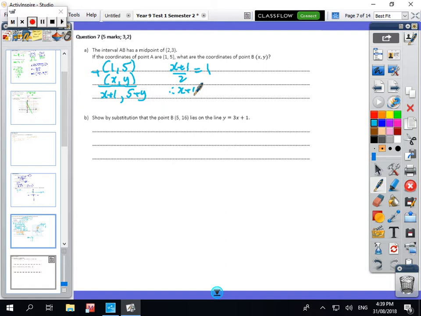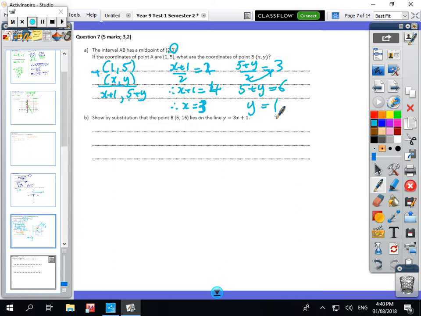Sorry, made a mistake there. So x plus 1 equals 4, so x equals 3. Okay, (5 plus y) over 2 equals 3. 5 plus y equals 6, just cross multiply, so y equals 1.